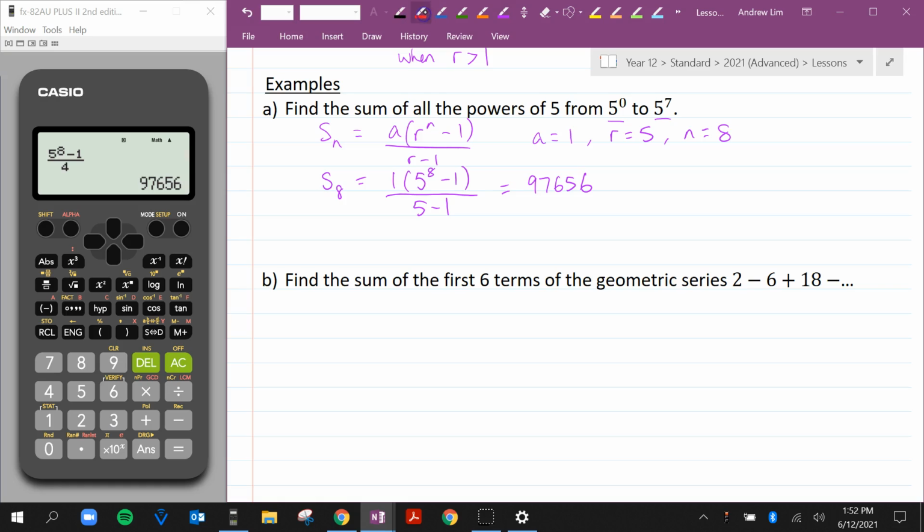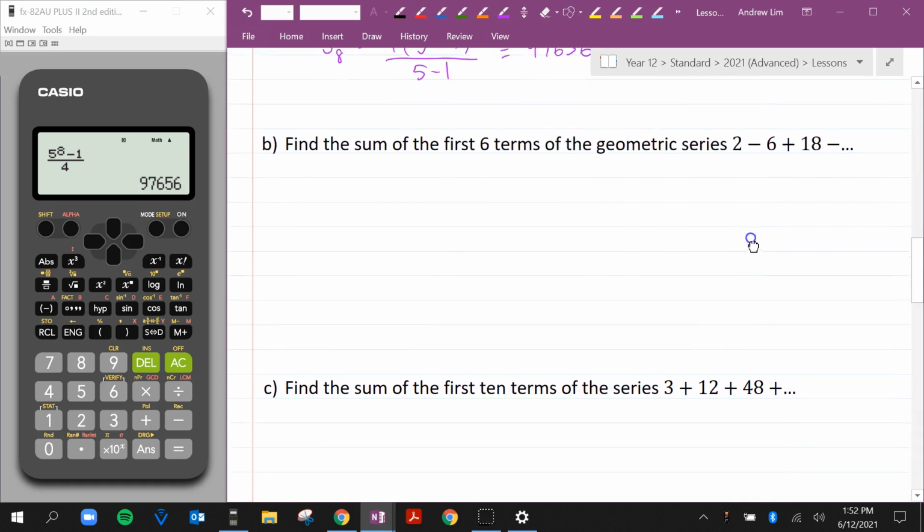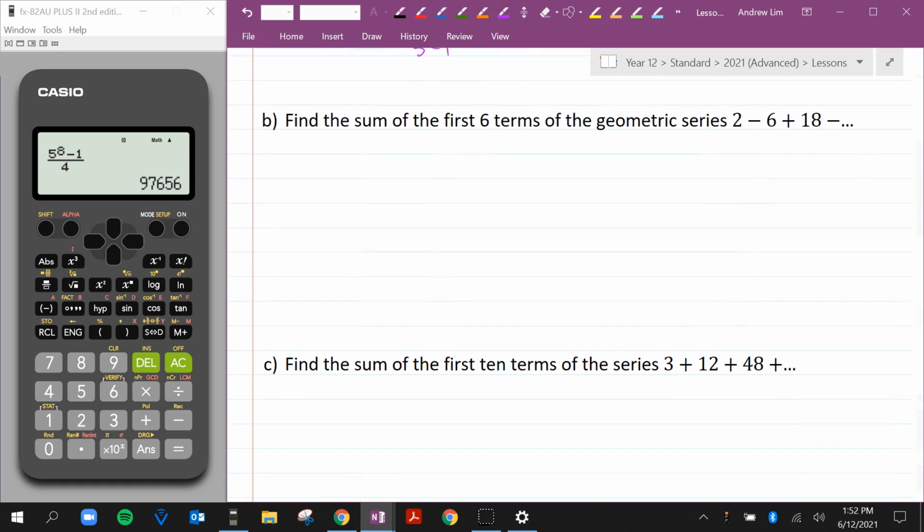All right, question B. Find the sum of the first 6 terms of the GP 2 minus 6 plus 18 minus etc. So the formula, S of n is equal to a bracket r to the n minus 1 over r minus 1.